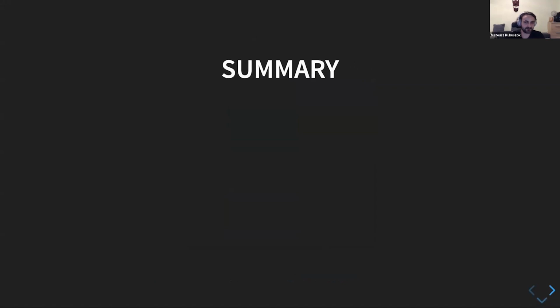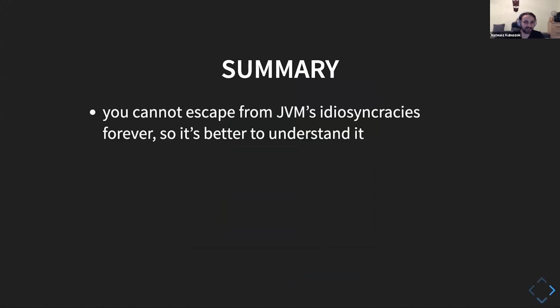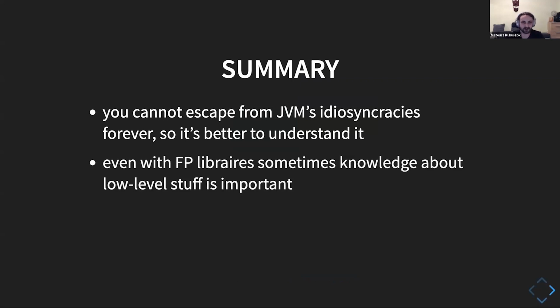So finally, the summary. Sooner or later, you're going to run into some JVM idiosyncrasies. Most of the time we try to avoid them, but every once in a while we meet something that requires us to have some knowledge of what is happening underneath. Otherwise, we will be completely lost. So it's better to understand some stuff.